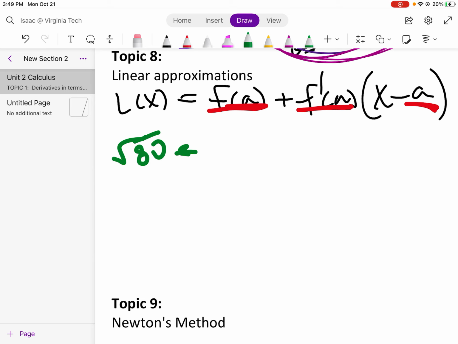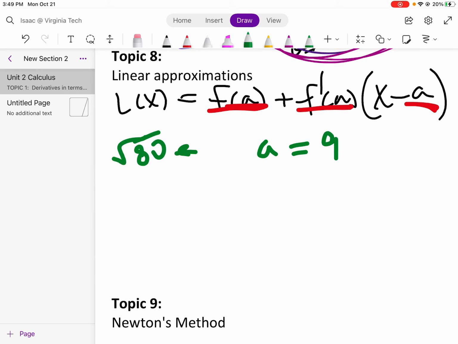Okay, we could say the square root of 82. That doesn't help us. It's close, but that's not good. So we'll make a 9, because I know that's close to 80. We could also just say a is the square root of 81. So that's how we choose our a value.